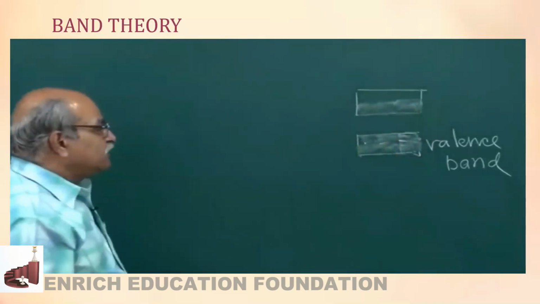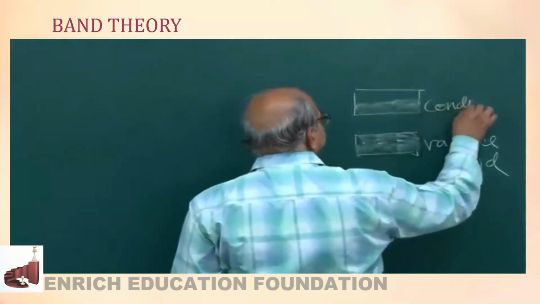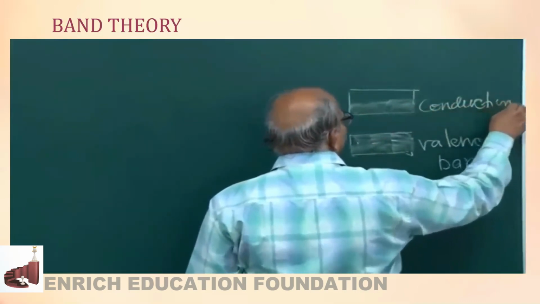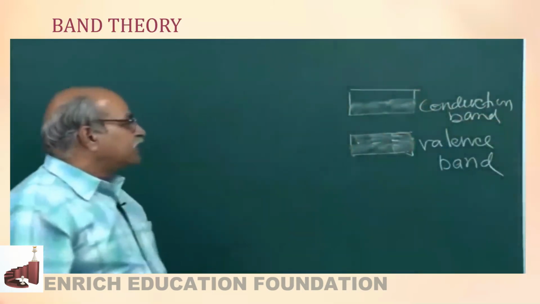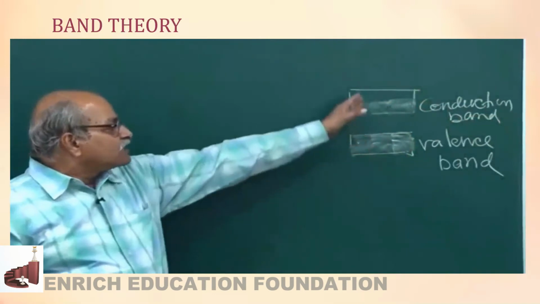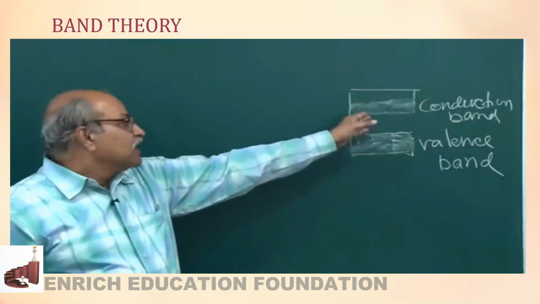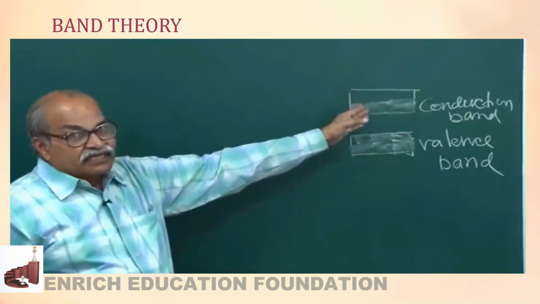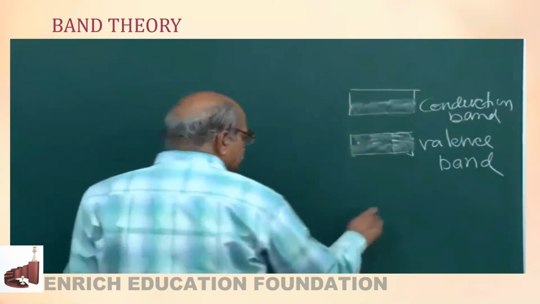Here the conduction band is partially filled, partially empty. You have a large number of quantum states which are filled, that means there are electrons, and a large number of quantum states which are empty, and then you have the valence band. This will be a conductor.